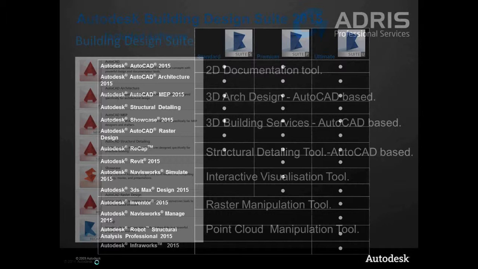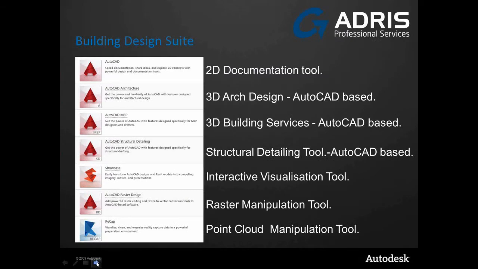AutoCAD MEP, again based upon AutoCAD, includes all of the functionality of AutoCAD Architecture, but then takes that further and includes building systems elements. So it's producing a 3D model architecturally and for building services. Structural detailing, once again, is an AutoCAD-based solution aimed around structural detailing. So it allows you to extract a structural model and then effectively detail that model up.